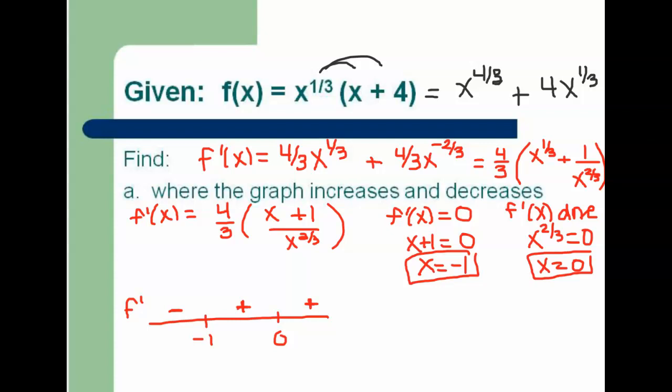So here's the first case in which we have a derivative that goes negative, positive, and doesn't change signs, but goes positive again. That tells me that 0 is a critical point, but not an extrema.